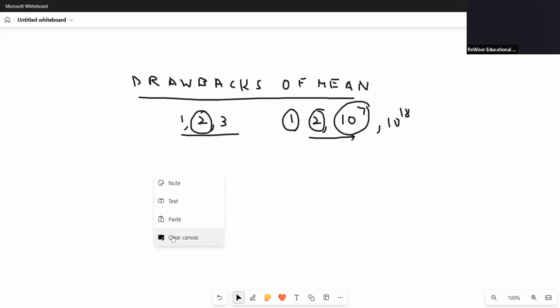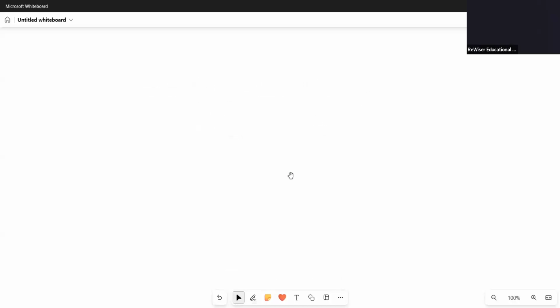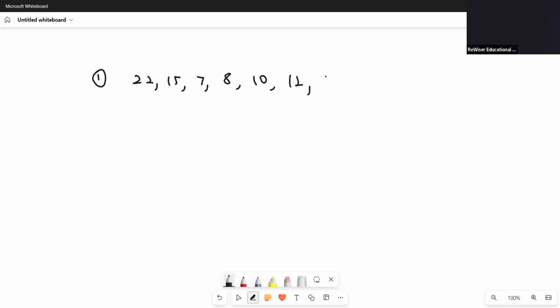So moving ahead to ask what the median is. Median is the positional value of the data and gives us the midmost thing. Suppose we have numbers like this: 22, 15, 7, 8, 10, 12, 13. We have 6, we have 3, we have 2.